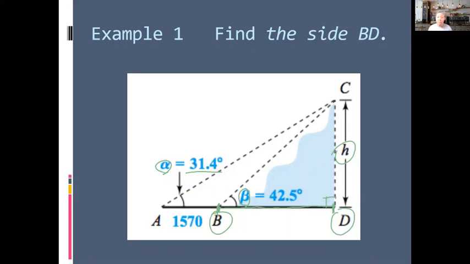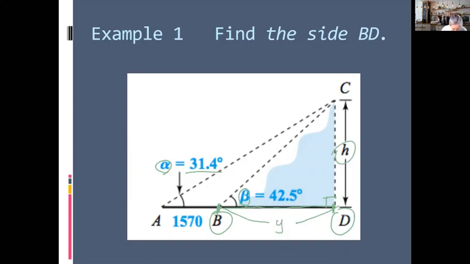Otherwise, it would not be the height there, right? Since we are focusing on finding this segment here, we will name it with a certain letter for convenience. Let's say it's Y, right?